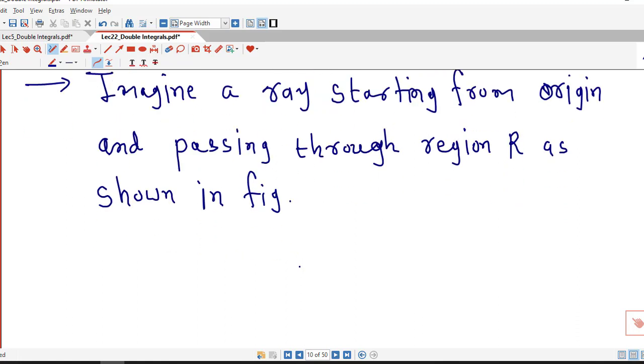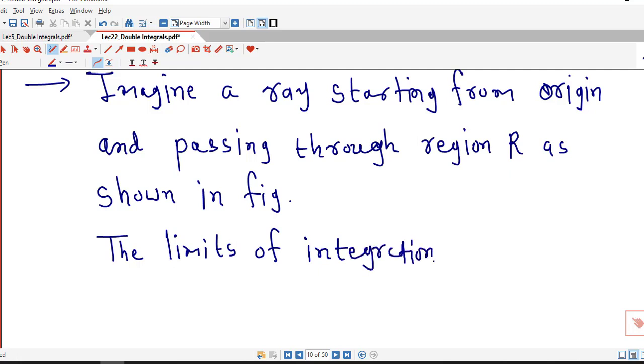Then we determine the value of r at which the ray enters the region and leaves the region. So we obtain the limits of integration for variable r. First we write down the limits of integration for variable r. They are from r equal to 2 to r equal to 4.